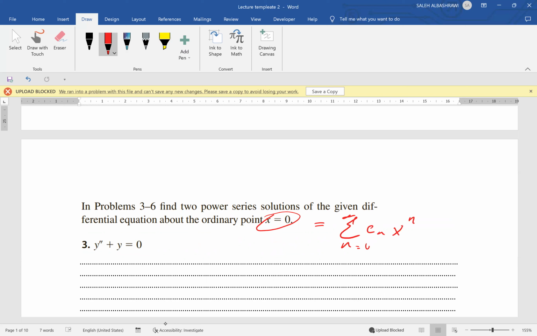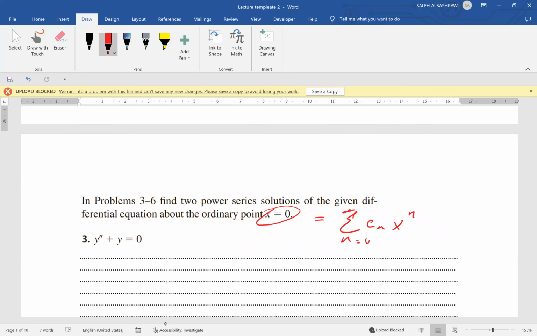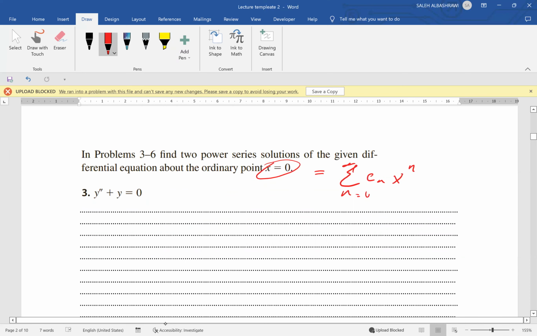So to find the two solutions, we will assume that y will be in this form: sum of c sub n x to power n.